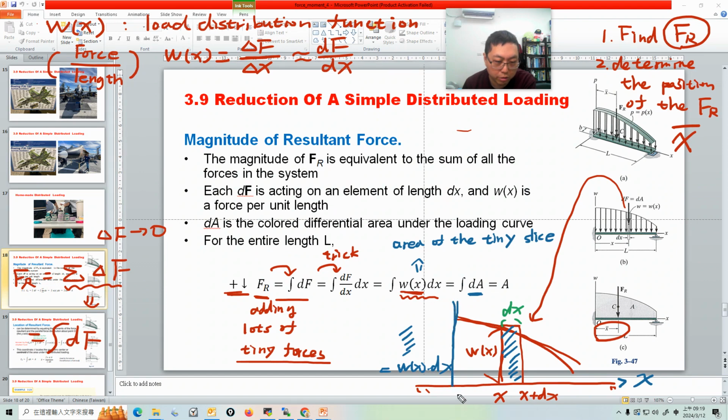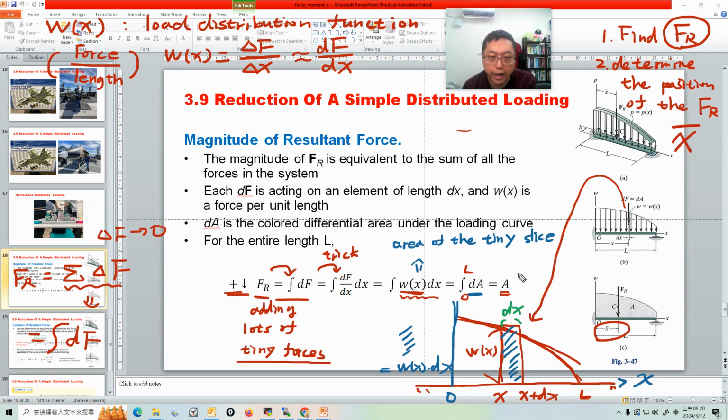Suppose here is 0, and let me complete the graph. If here is L, and I add the area of this small slice from the left hand side 0 to the right hand side L, and add these small areas together, it will become the area under the curve, the area under the distribution load curve.